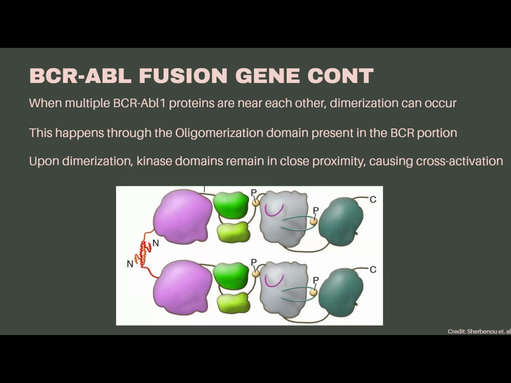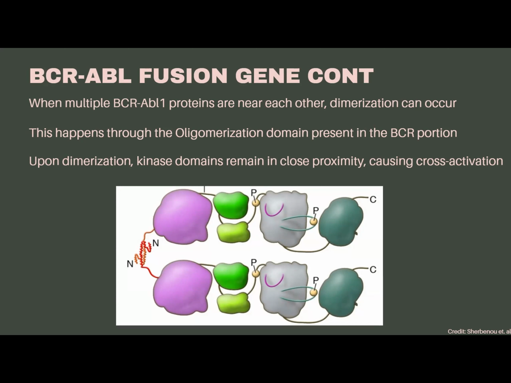Okay. BCR-ABL fusion gene continued. So, how convenient, we have two BCR-ABL1 proteins. BCR has this specific domain called the oligomerization domain, the coil domain we talked about in class. That's where the two fusion proteins will bind to each other, like holding hands, right next to each other.